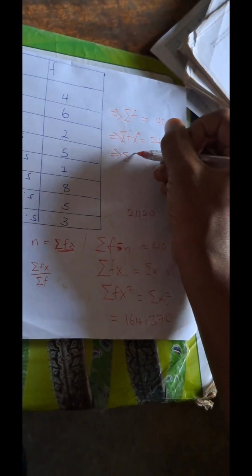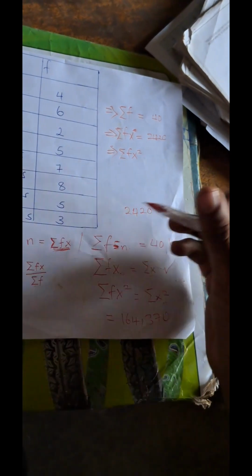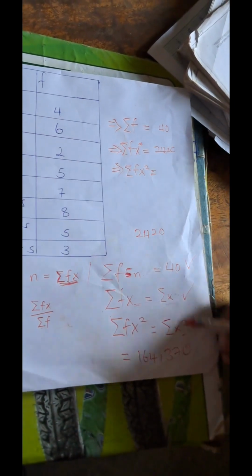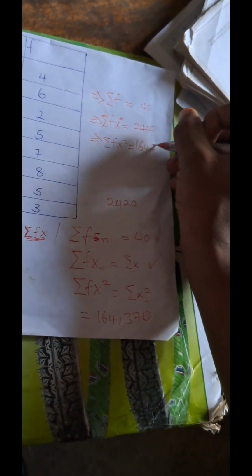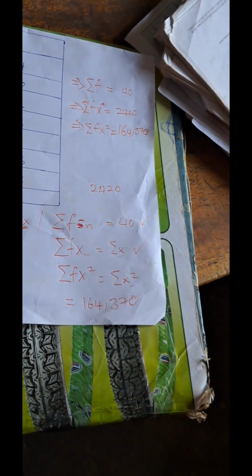Then summation of fx squared, we got it as 1,164,370. Now let's prove it using this method of ours.